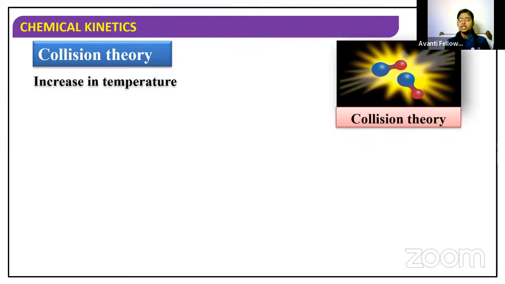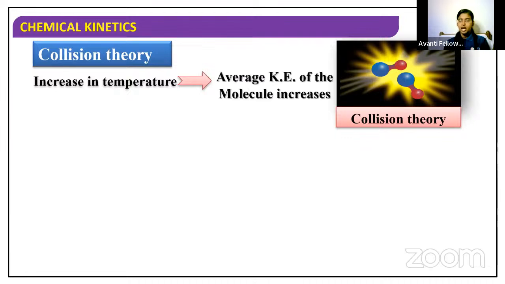Now, if I increase the temperature for that molecule, what will happen? The average kinetic energy of the molecule increases. This is what we have discussed in the factors, in the temperature factor. If I increase the temperature, molecules will move here and there, so the velocity of the molecule increases.